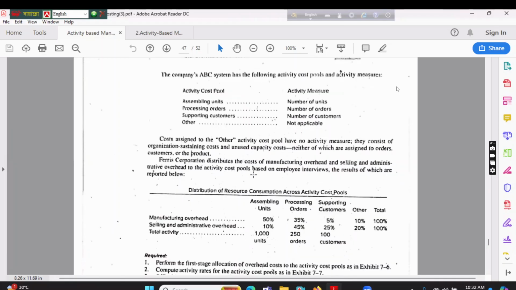Ferris Corporation distributes the cost of manufacturing overhead and selling and administrative overhead to activity cost pools based on employee interviews, the results of which are reported below.